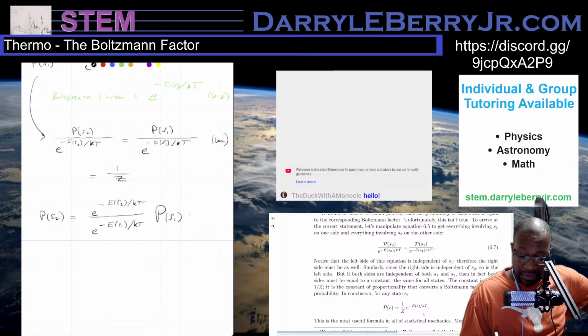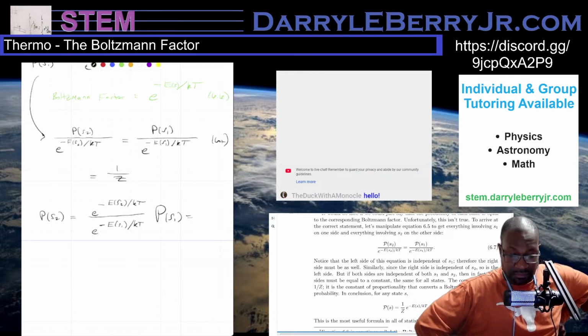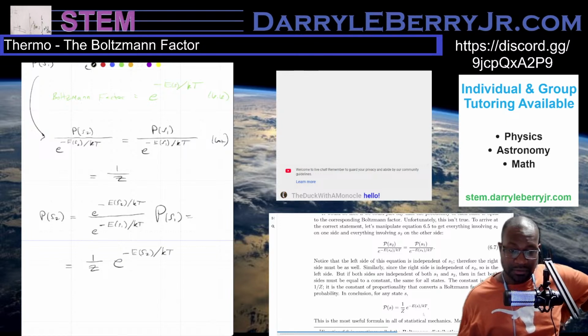which is going to be... So since both of those equal 1 over Z independently, we can do 1 over Z times e to the negative ES2 divided by KT, and that's 6.8.